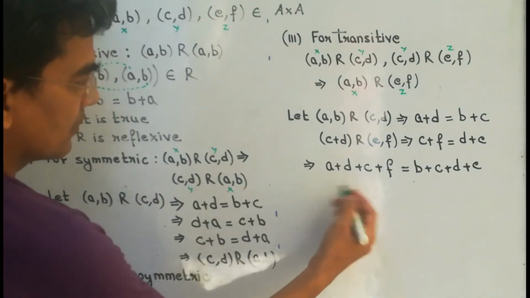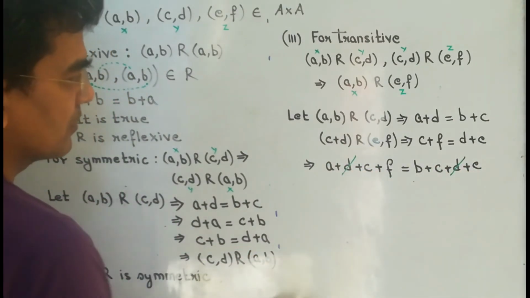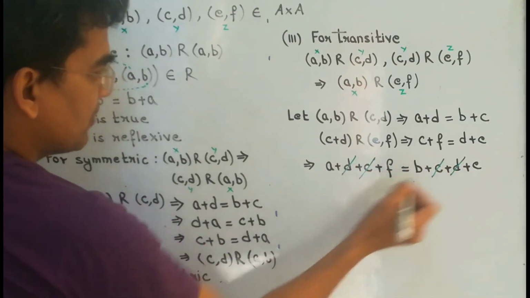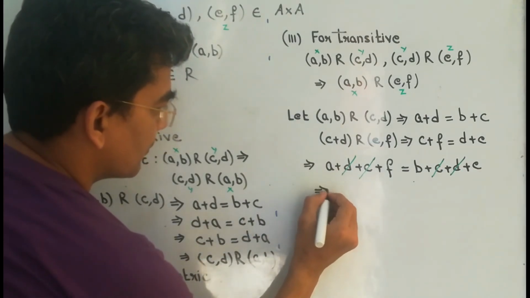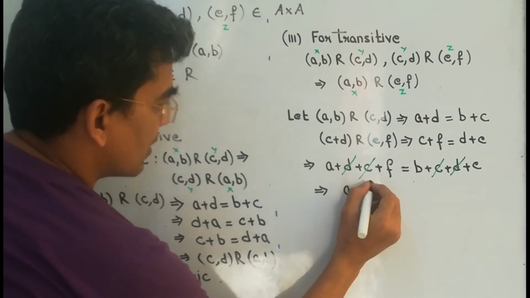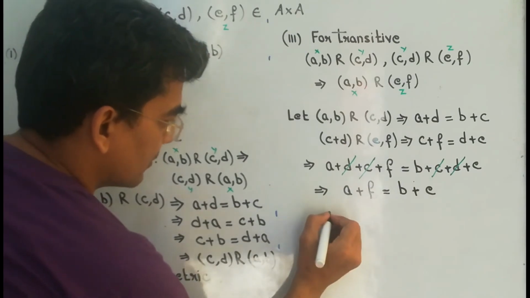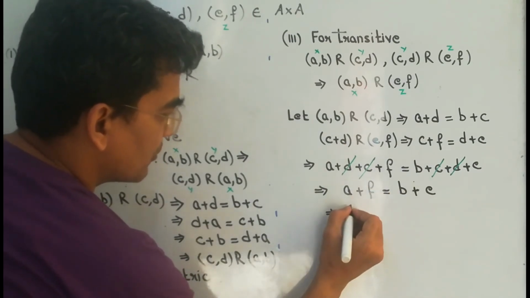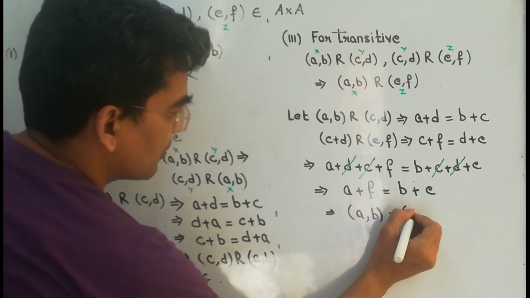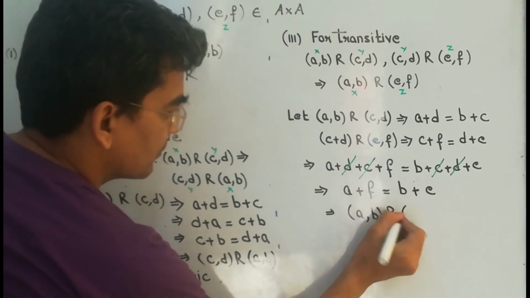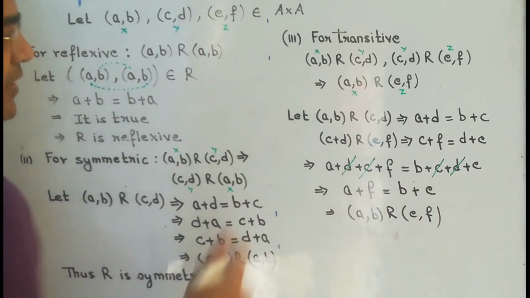Here d will cancel out, c will also cancel out, so you will be left with a plus f is equal to b plus e. So this gives you (a, b) is related to (e, f). From here we get this relation.